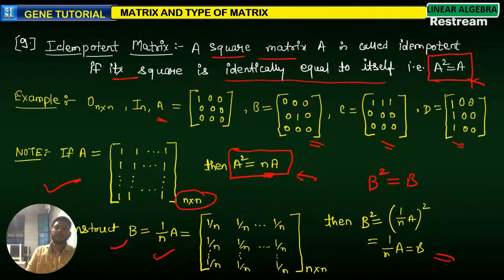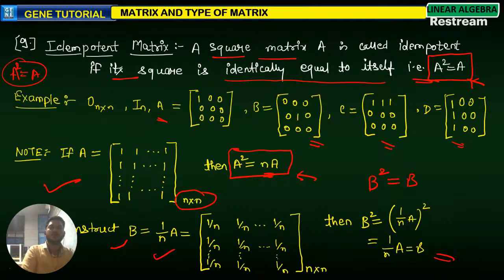Here we discussed earlier, in the last class, the idempotent matrix also. What does it mean? A square matrix is called an idempotent matrix if its square is identically equal to itself. So we say that it is the idempotent matrix. Let's see some examples of idempotent matrices.